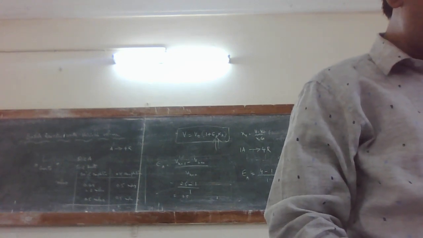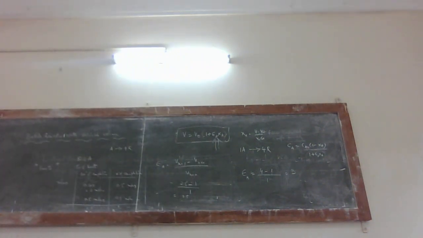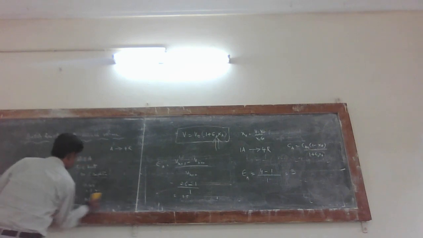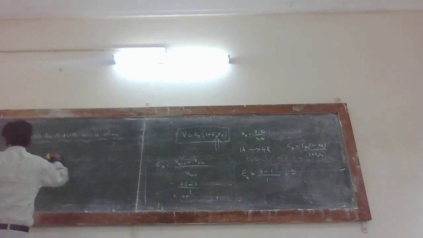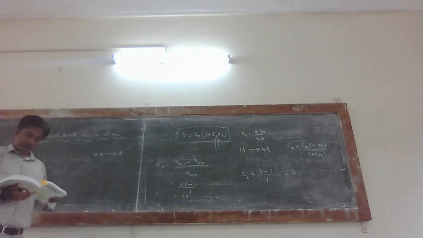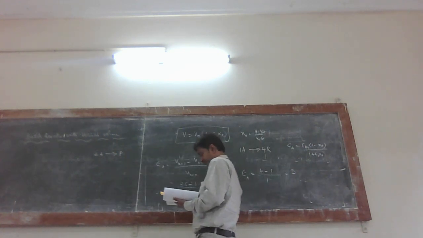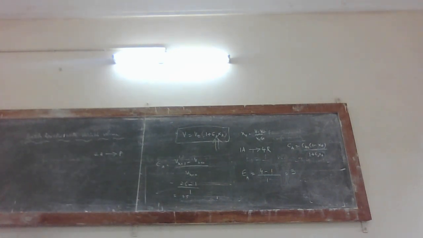Find the first order reaction rate constant K of the gas reaction 2A gives P, by keeping the pressure constant.